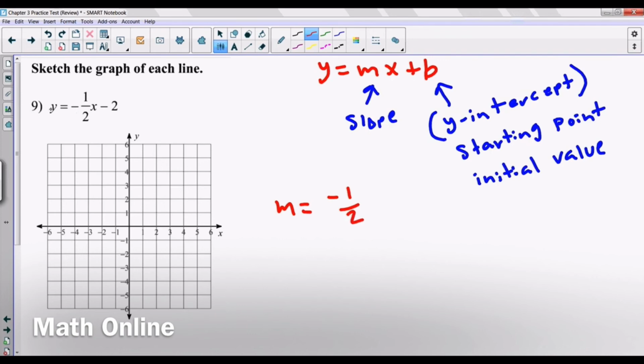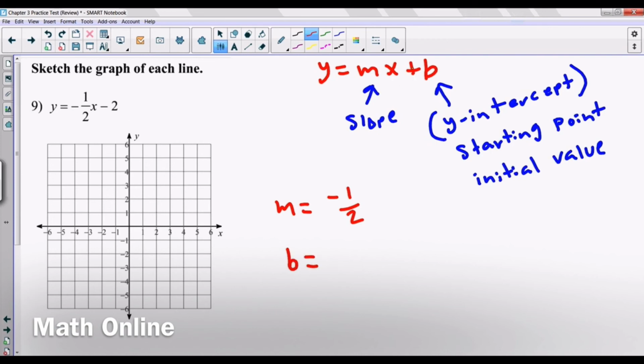I tend to write that negative sign on the numerator to make it easier for me when using rise over run. That's just a hint. You can always put the negative sign on the denominator if you want to, but I like to put it on the numerator, the number on the top of the fraction. So my slope is negative 1/2, and the y-intercept, or b, is equal to negative 2.